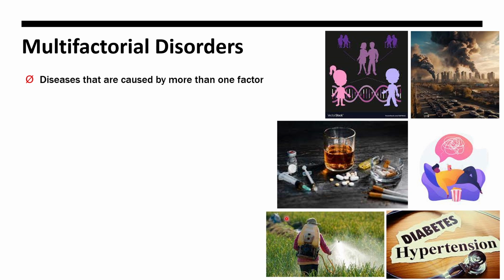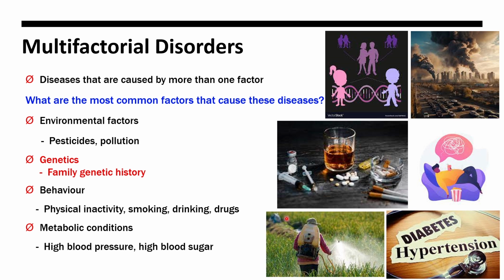The last one is the multifactorial disorder. Multifactorial disorders, as I told you before, are caused not just by one gene, maybe by several genes. And in addition to gene factors, there are other factors like environmental factors. So what are these most common other factors? The first one is the environmental factor, which includes pesticides, the pollution in the cities, those kind of factors.